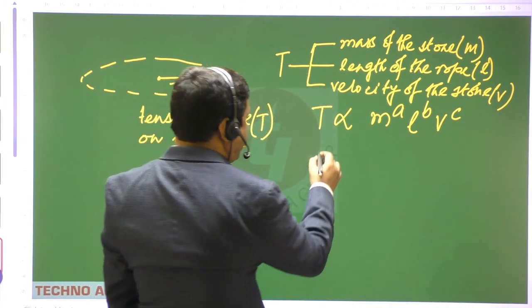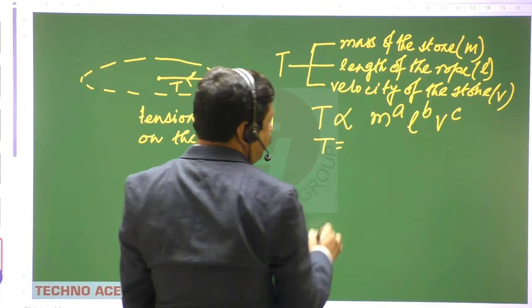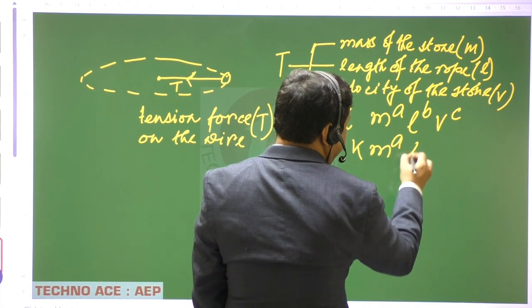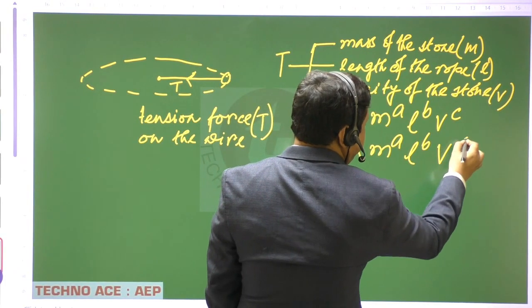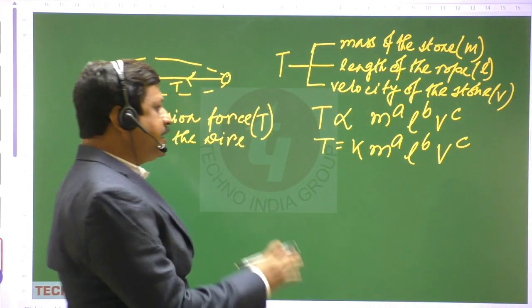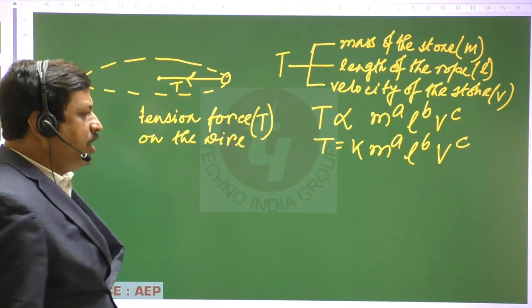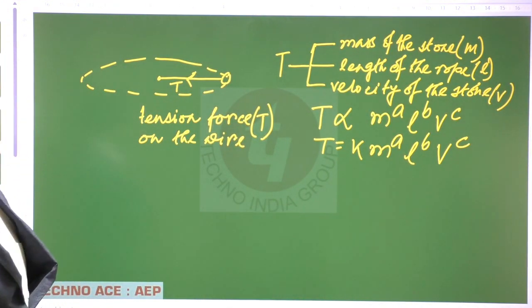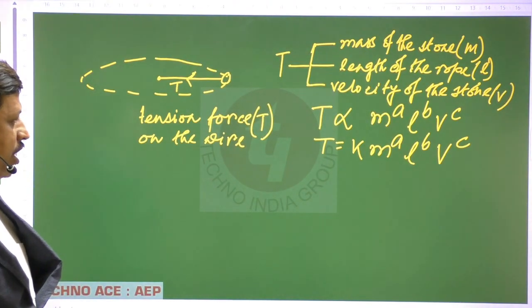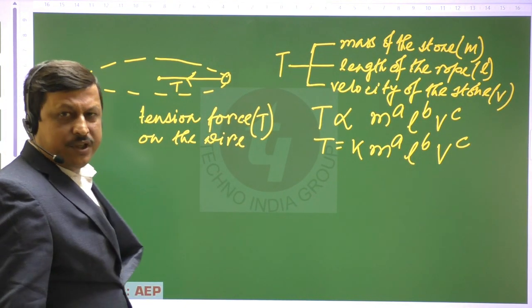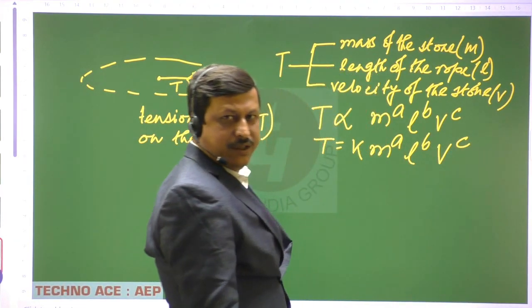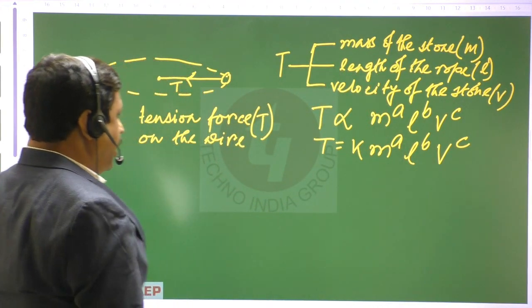So you have to take a constant, say T equals K into m to the power a, L to the power b, V to the power c. So this is the relation between the tension force, mass, length and velocity. First you have to find the values of a, b, c, right?